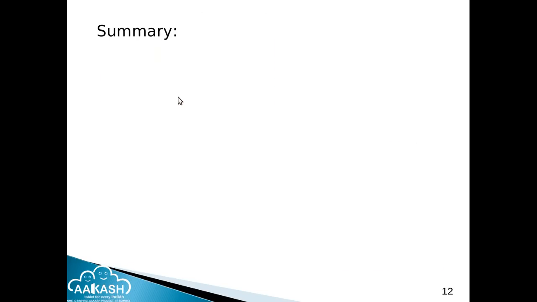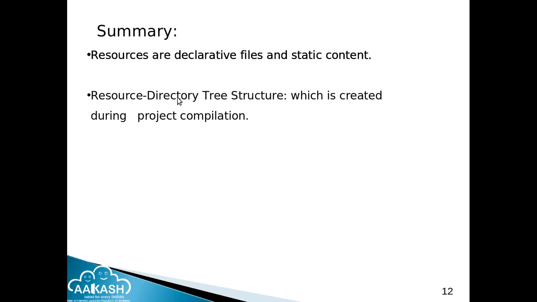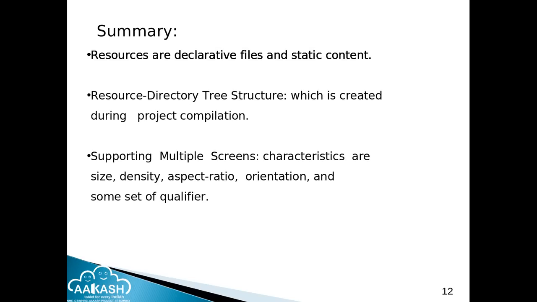Now summary. As we discussed earlier, resources are declarative files and static contents. In the resource directory tree structure, as I had explained, it is created during project compilation time. Now supporting multiple screens depends upon characteristics such as size, density, aspect ratio, orientation, and some set of qualifiers is used to express them.